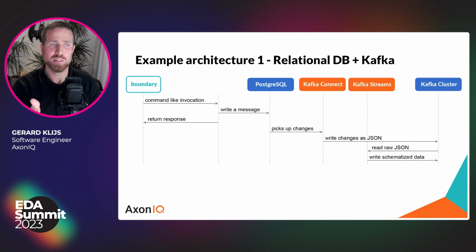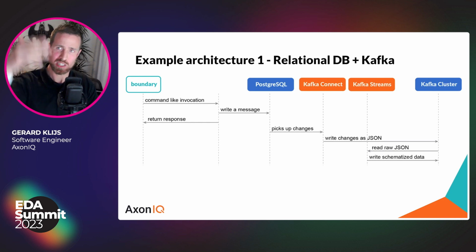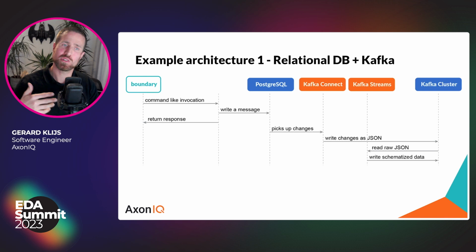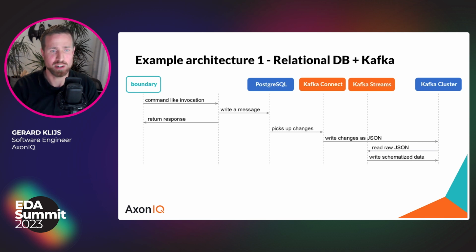And then from Kafka Connect, it will write the change as a big JSON, but that has too much data in it for other applications to use. So basically we use Kafka Streams to turn the whole change into just the bits that we need, and maybe also use a schema to make it easy to evolve the schema and make it easily readable for later.